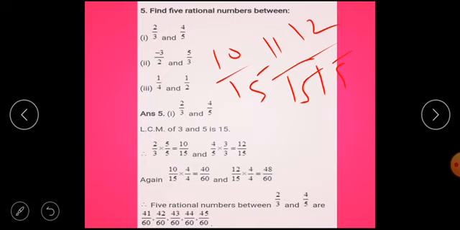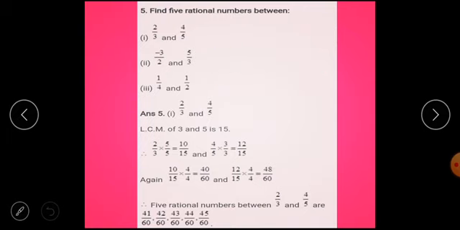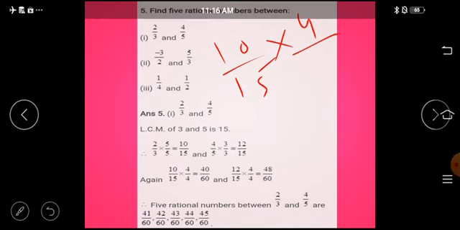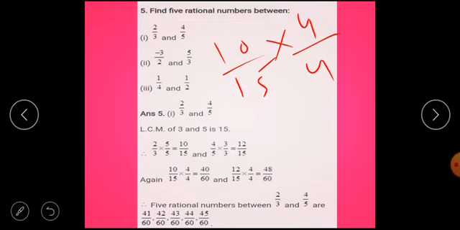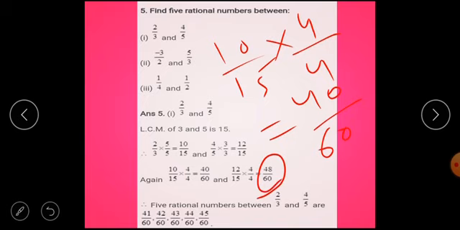So again I will multiply and divide 10 upon 15 by 4 so that I can get a greater rational number, 40 upon 60, and the next number I will get is 48 upon 60. Now I will get a larger range. So now I can easily write down 5 rational numbers between these.